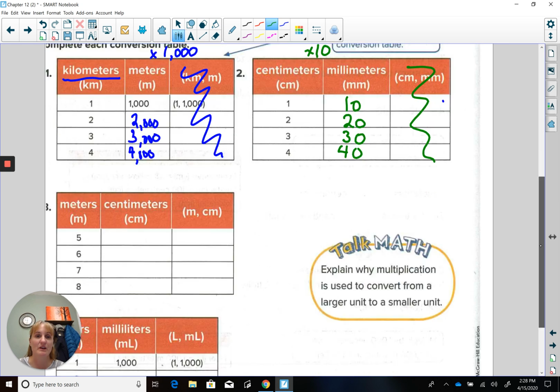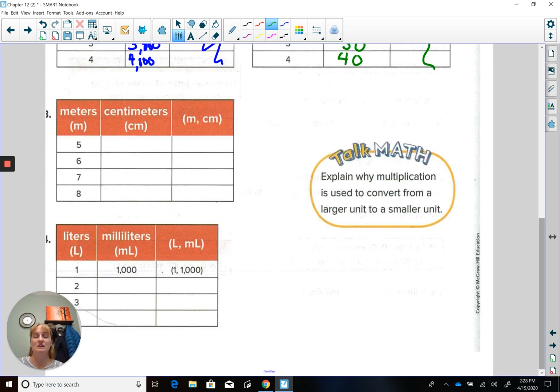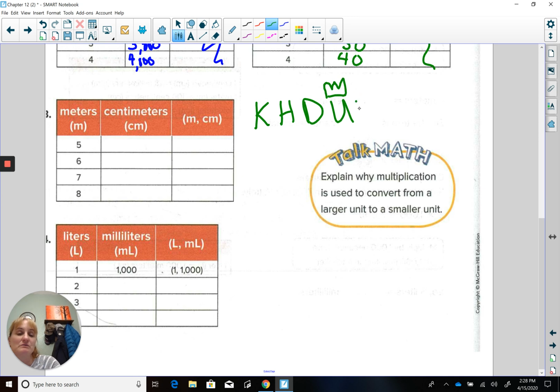Okay, so now we're going to look at these two down here. I'm going to go ahead and you say it with me, though, and add in our King Henry stuff. King Henry Died Unusually Drinking Chocolate Milk.